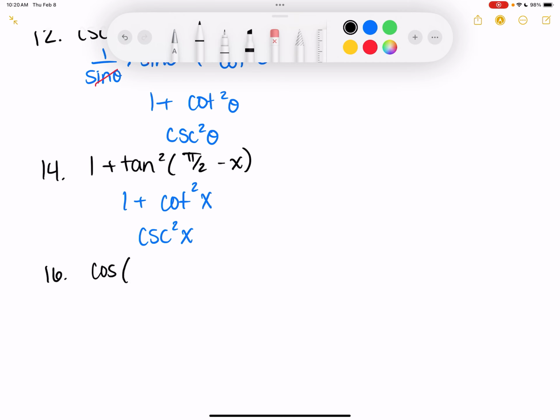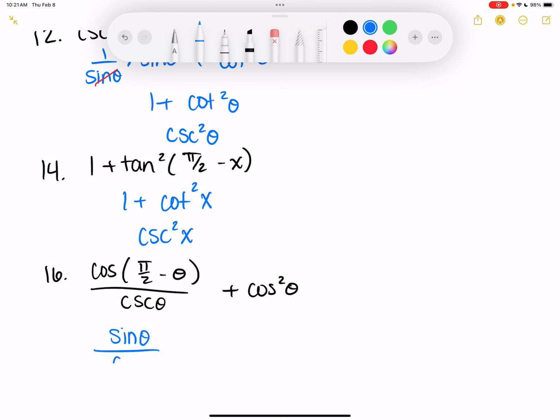Cosine of pi over 2 minus theta over cosecant of theta plus cosine squared of theta. What can I rewrite here? Rewrite the top as sine. Yep. So I can rewrite the top as sine of theta over cosecant of theta plus cosine squared of theta.